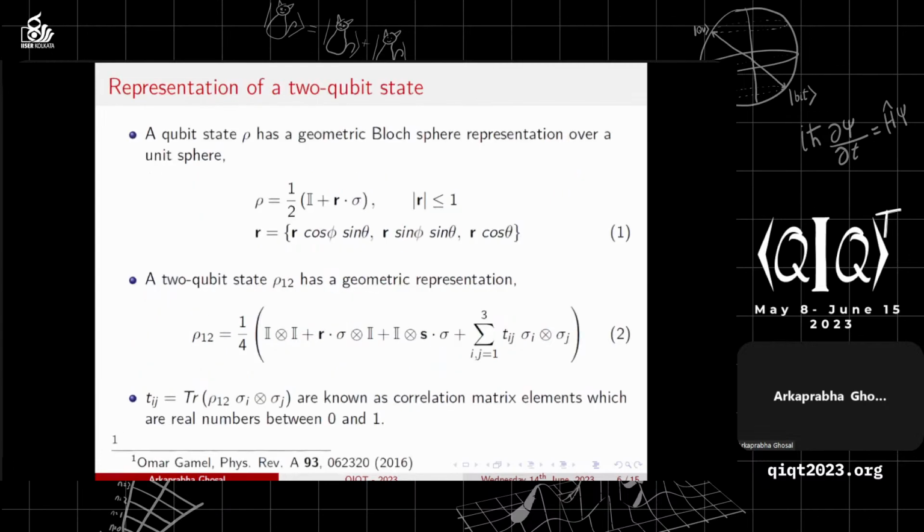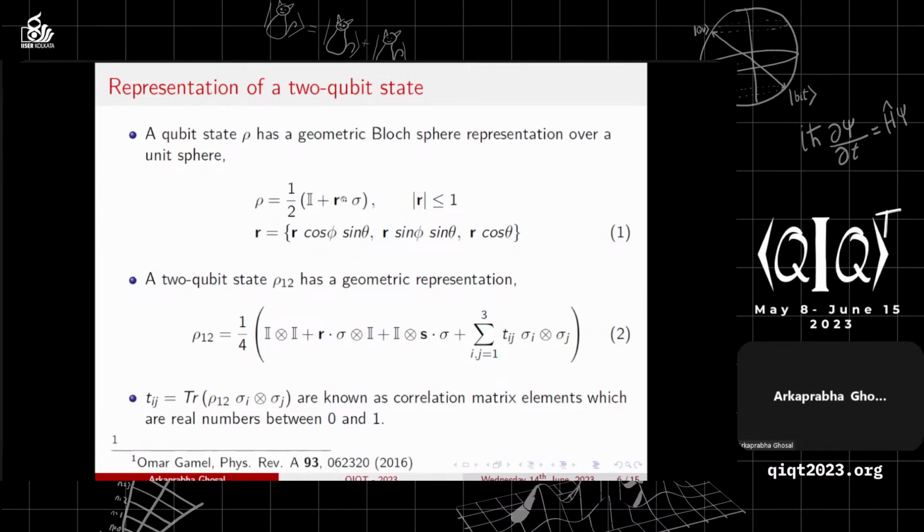Okay. So let us start with, as the previous speaker already mentioned, the Bloch sphere representation of a qubit state. There is a mapping from the two-dimensional Hilbert space of qubits to a three-dimensional unit sphere. This is basically a generic representation of a qubit state in Bloch sphere representation.